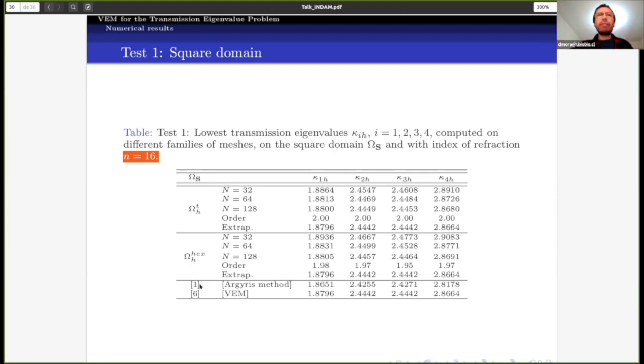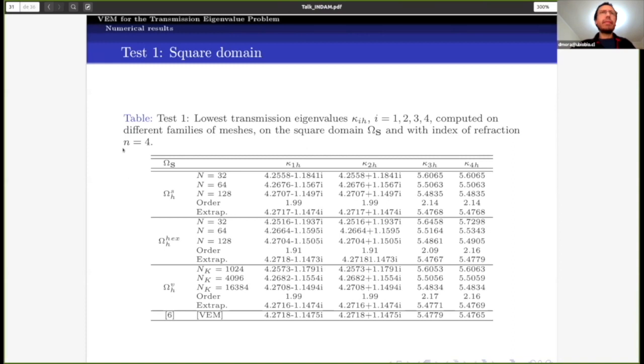Here, for comparison, we have written some reference values. Here we consider the same problem, but with index of refraction 4. Here we get a mix between complex and real eigenvalues.